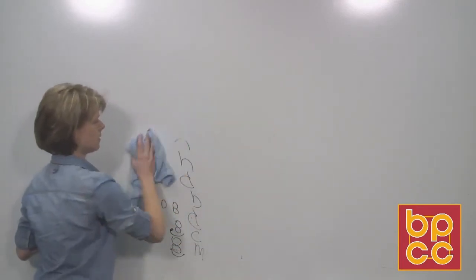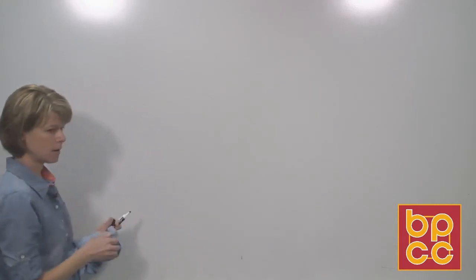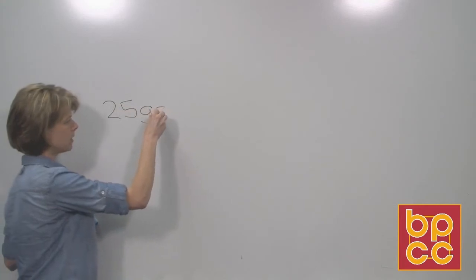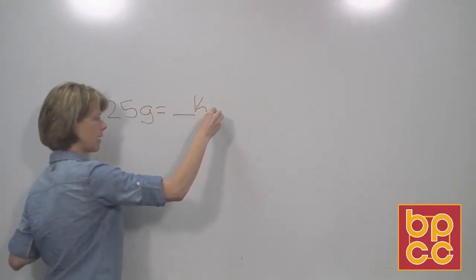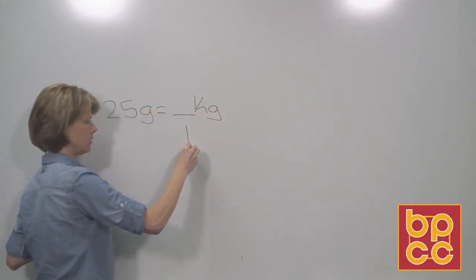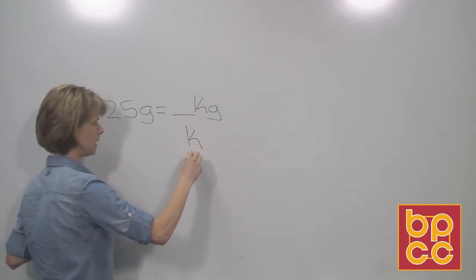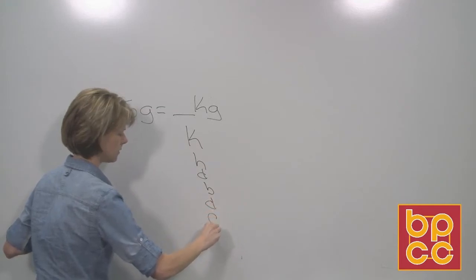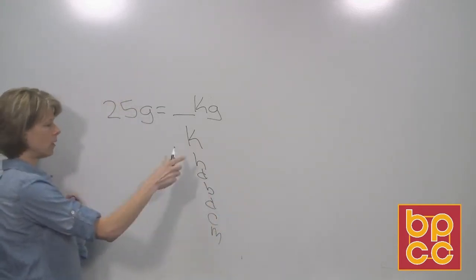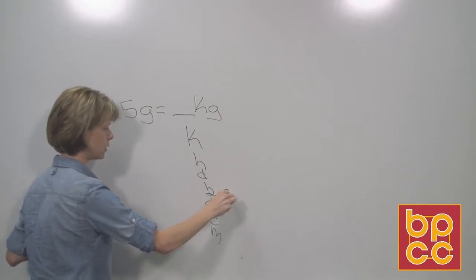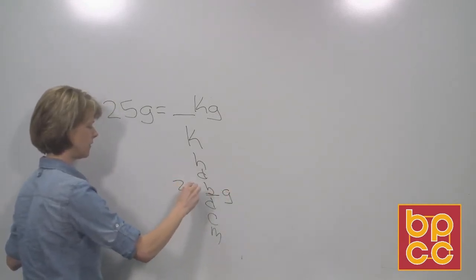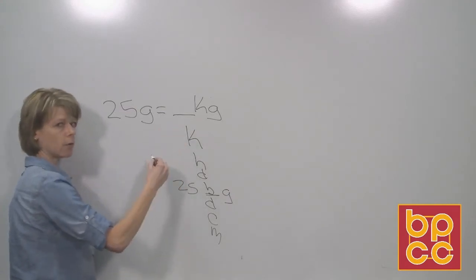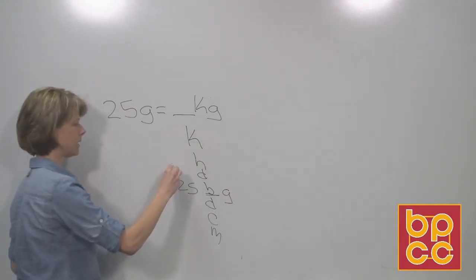One more problem. If I have 25 grams, how many kilograms do I have? Put in our acronym, KISS HER daily, because divorce costs money. Plug in what you know. You know your base unit, which is grams, is 25. As I move up, I move my decimal place over 1 to the left because I'm dividing by 10.